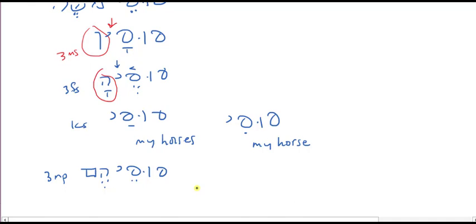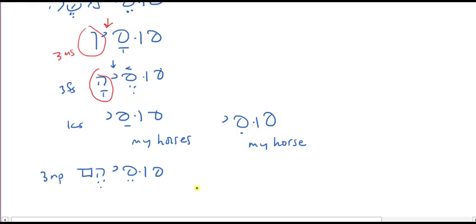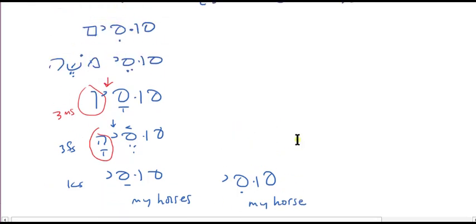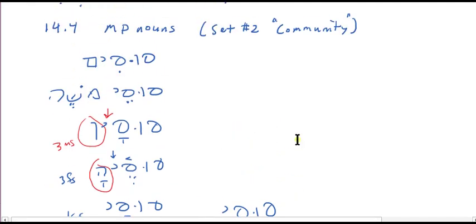Now the other word that Ross gives you in this little section is the word davar. And of course, we're dealing with the masculine plural form of davar. So what's that going to look like? It's devarim. If we want to make this masculine plural noun suffixed with a pronoun, what's it going to look like?